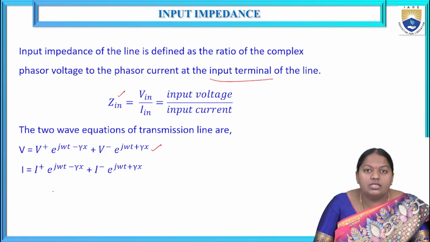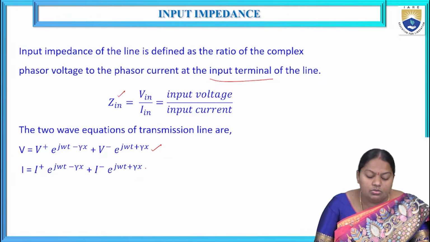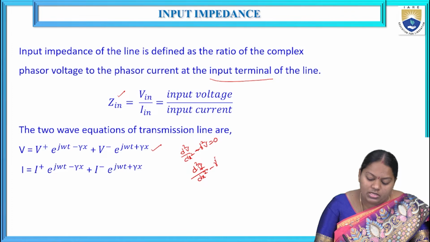Then I equals I plus e power j omega t minus gamma x plus I minus e power j omega t plus gamma x. We already know that these two solutions are obtained from the transmission line equations, which are derived as d square V by dx square minus gamma square V equal to 0, and d square I by dx square minus gamma square I equal to 0.